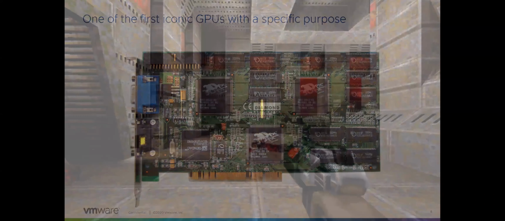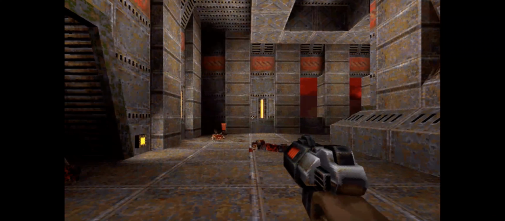And that use case was to offload specific things from an API to hardware. What you see here is a game, and this is Quake 2. And Quake 2 in this case is played through soft 3D. So no dedicated GPU is used to render certain textures or to offload things from an API to the card.